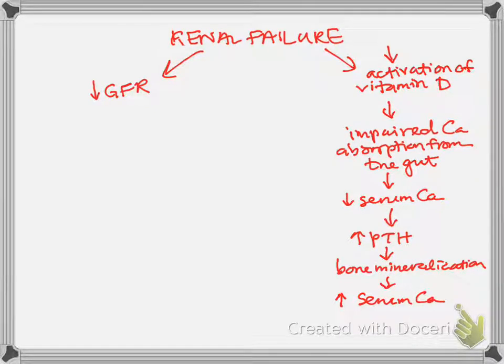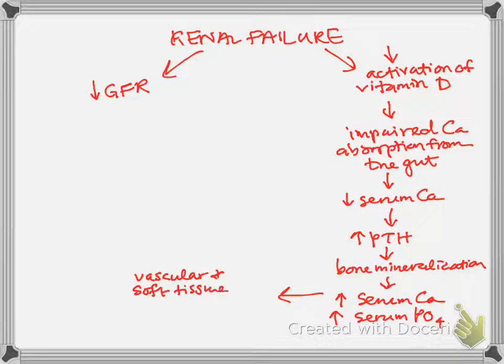And it also does increase your serum phosphate levels. But remember what I said about parathyroid hormone, that it then tells your kidneys to excrete phosphate. As a result, we have vascular and soft tissue calcifications as these precipitates form.